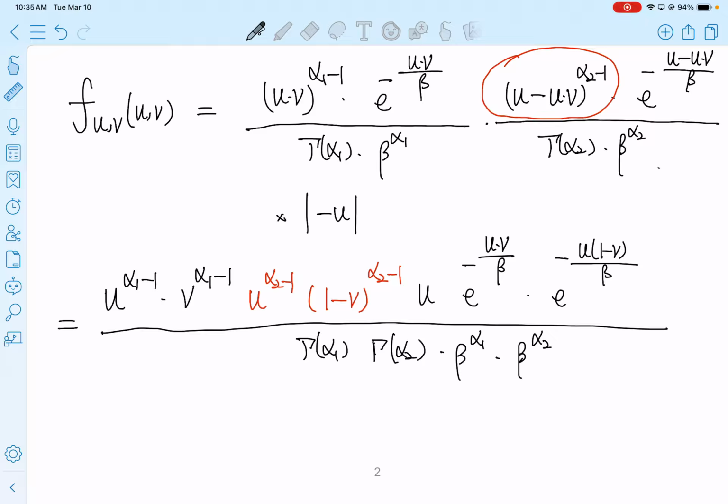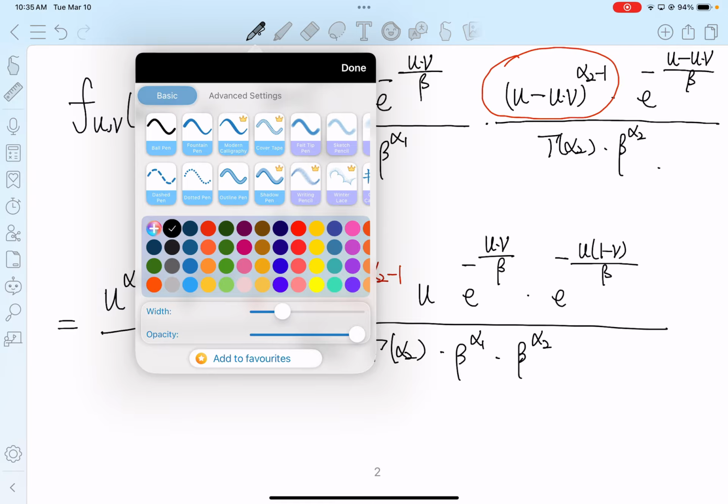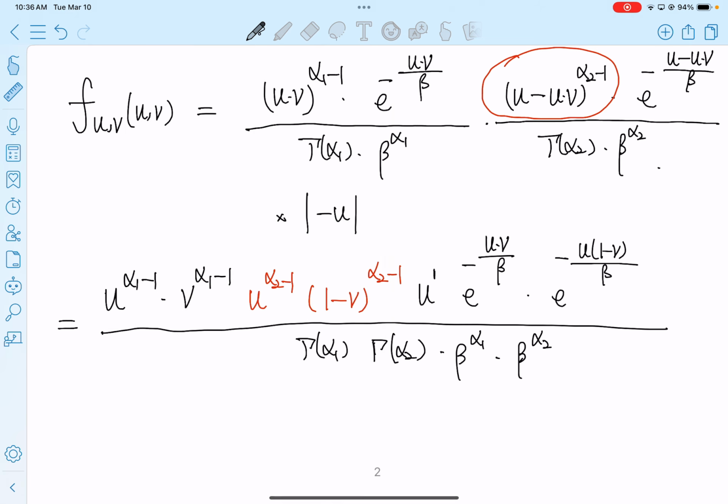Do you agree with that, or any question for this formula? So the only thing that I did here is that I'm breaking the powers for all the u's and v. So now we have the power for individual u and v. And maybe let me also write down a u raised to the power of 1 here. That's from the Jacobian. Any question up to this point?